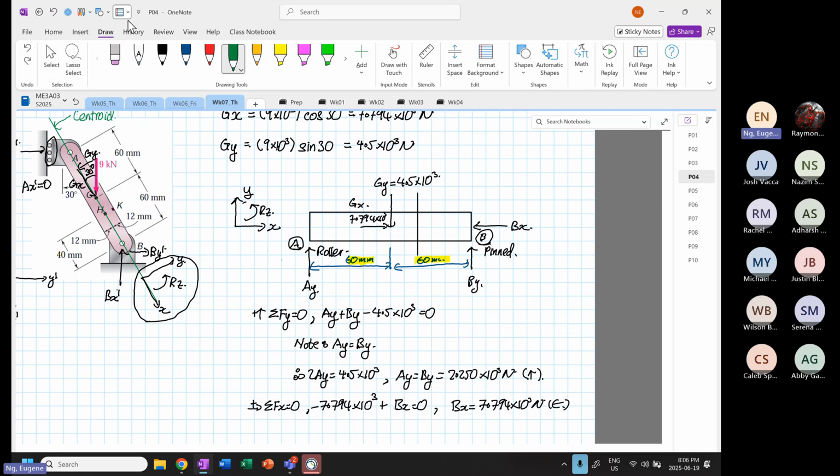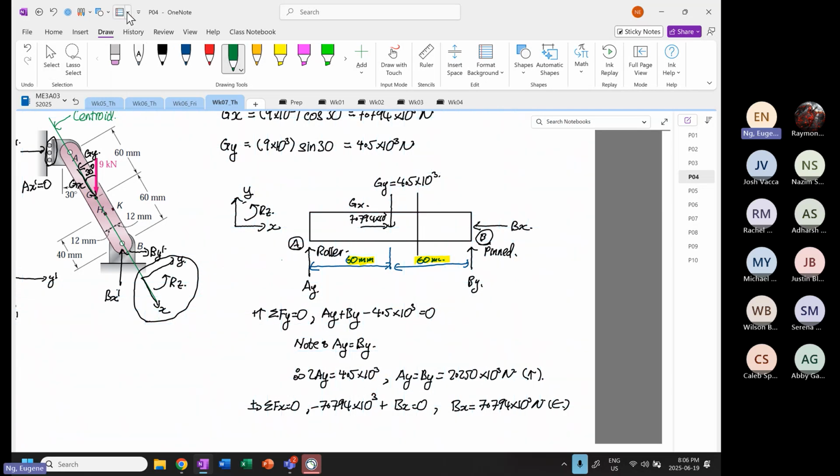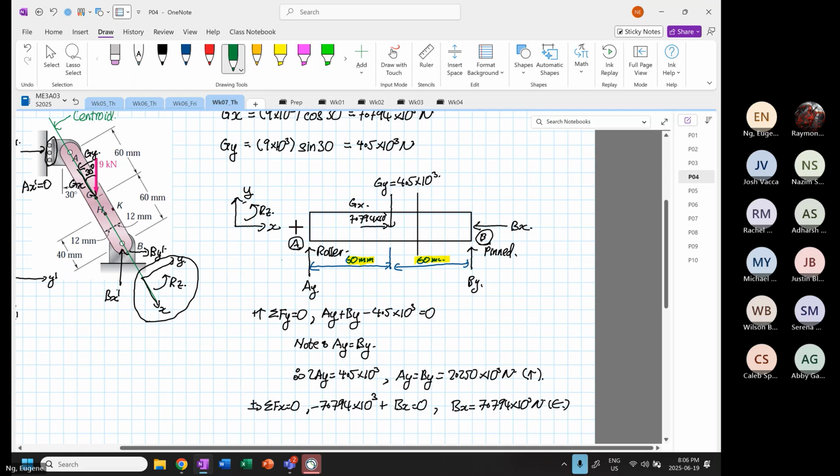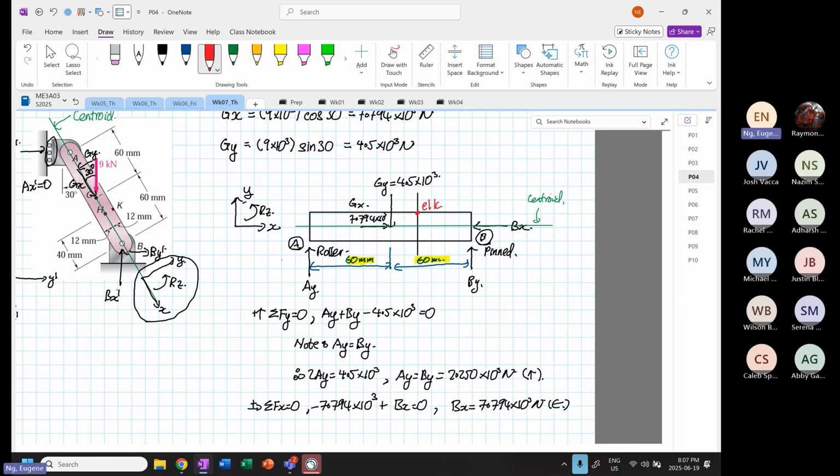So this is also our centroid. Over here, this is our element K. Over here, this is our element H.